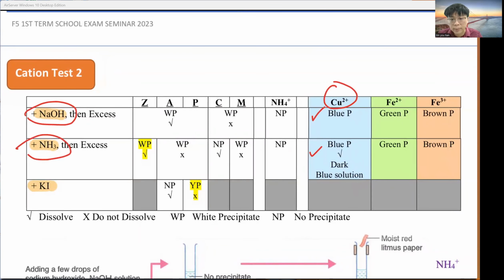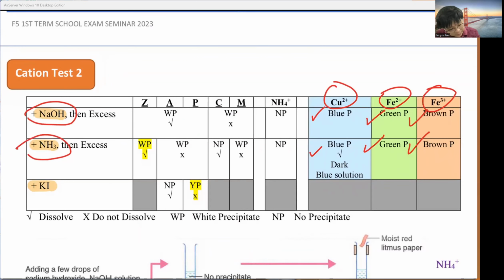This one is quite obvious. Blue color, because copper is blue, so the color will tell you it is copper already. Then if you put iron 2, you get green precipitate, iron 3, brown precipitate. So for these three, it is quite obvious that the answer is copper, Fe2+ and Fe3+.